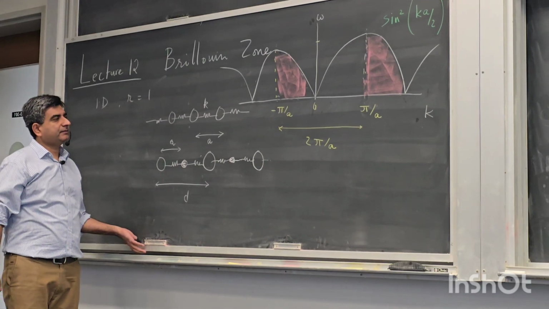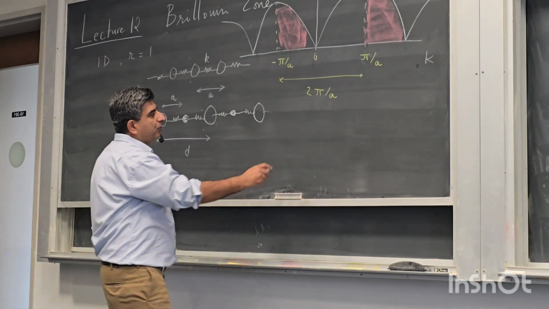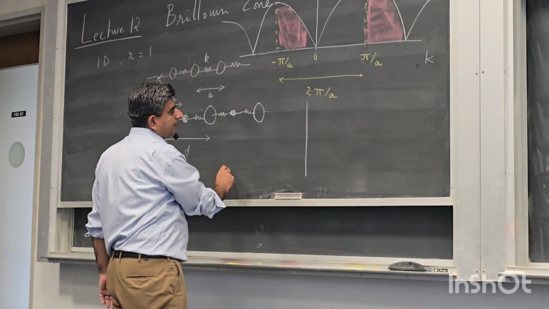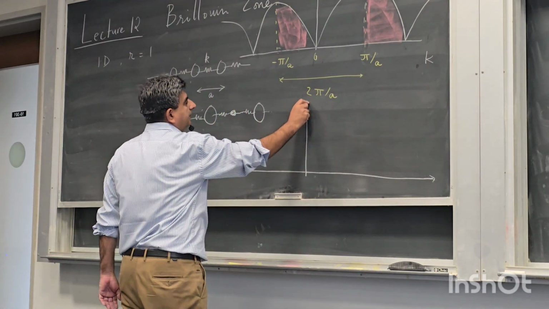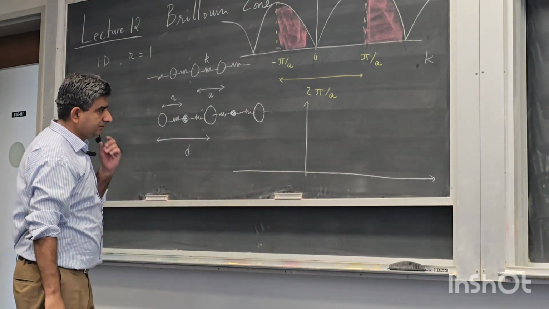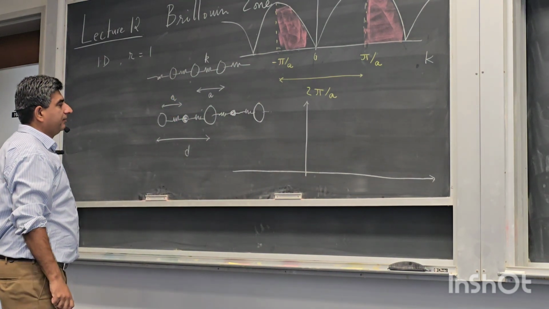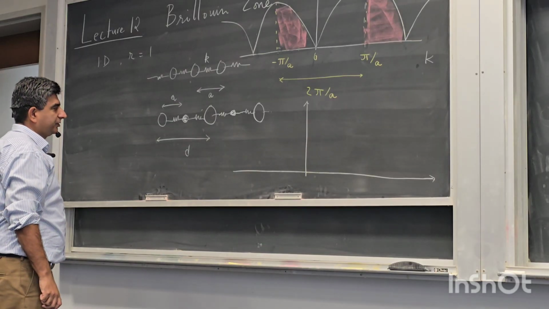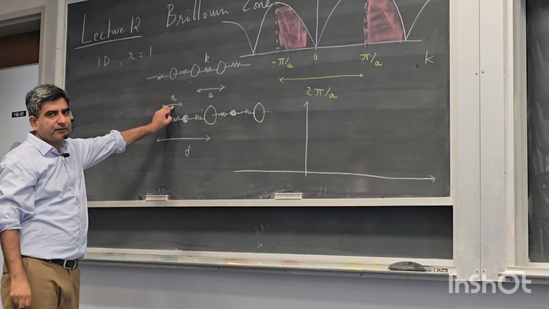Now in this case, if we plot the dispersion relationship, we have again a periodic structure. Now d is twice of a.